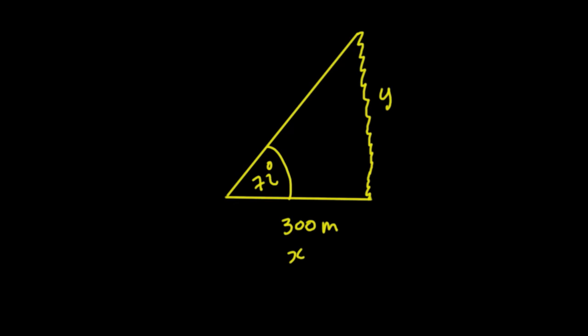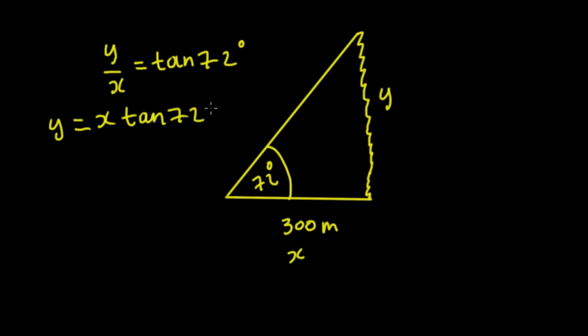So what we can say is y upon x equals the tan of 72 degrees, or we can say that y equals x times tan 72 degrees. Now we already know the x, so y is going to equal 300 times the tan of 72 degrees.